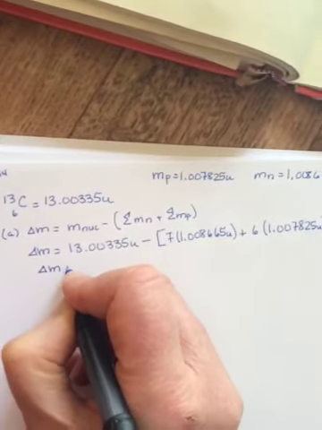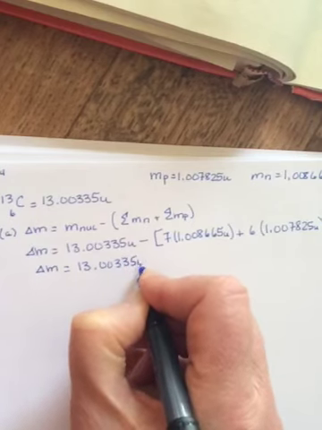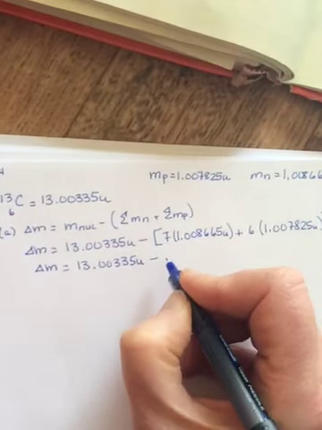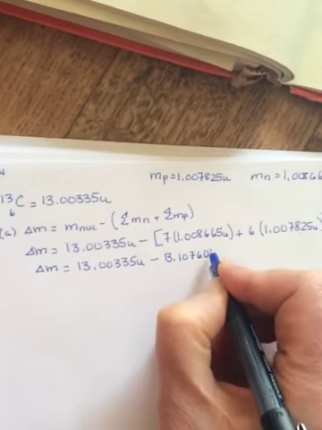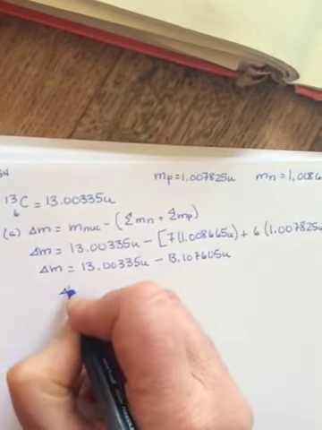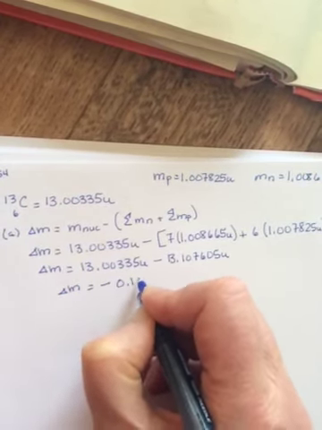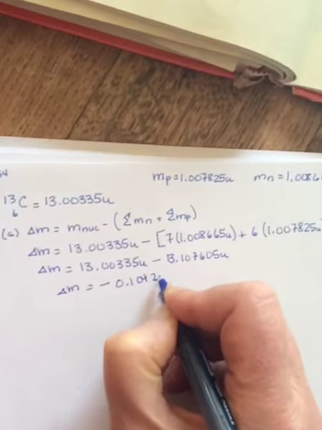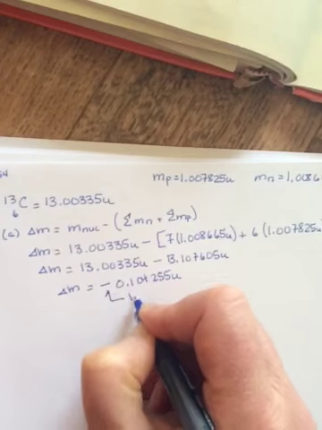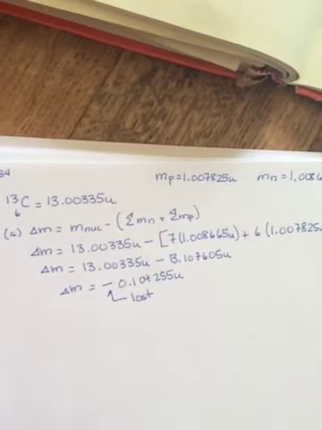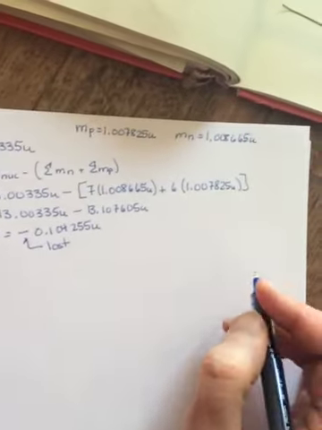Okay, so the change in M. First term, I'm just going to write out the two terms in case you screw the second one up. Second one should be 13.107605. And so when you subtract these, you get a negative 0.104255 U's, where of course the negative means it is being lost. So when those protons and neutrons go together, the mass gets lost.